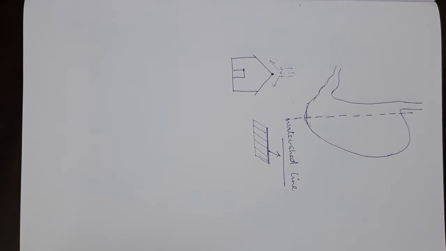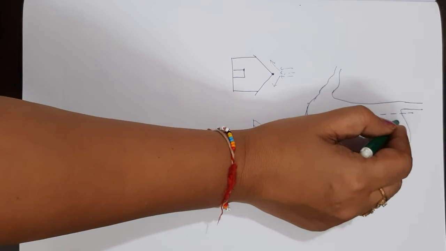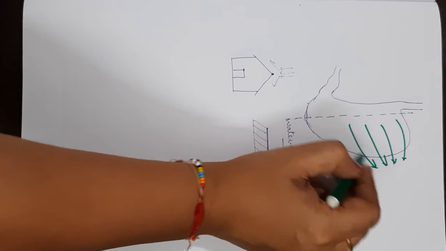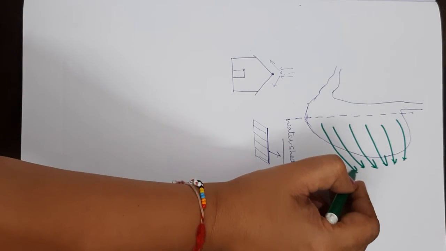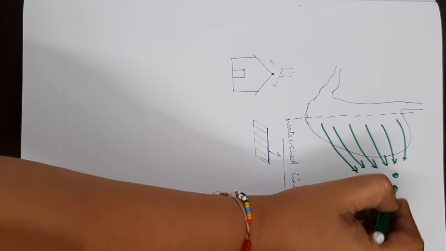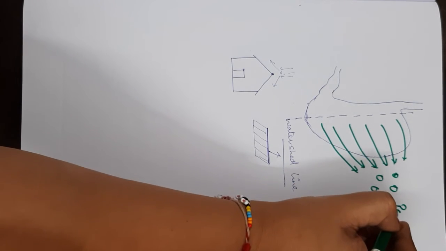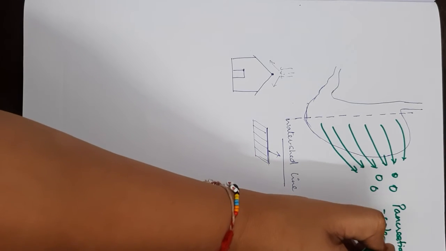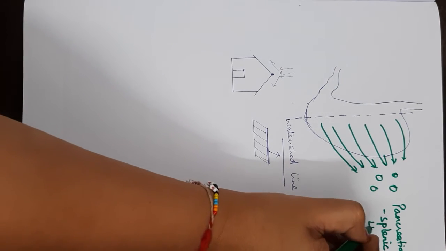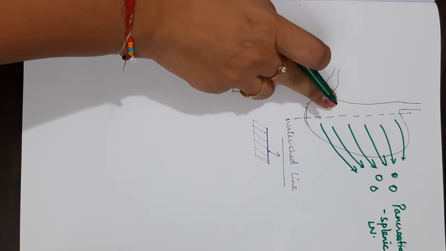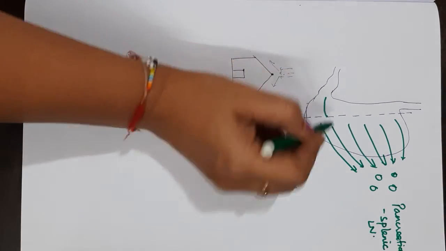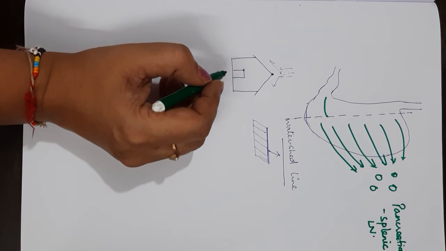Most of the lymphatics from the left side of this watershed line will drain in the group of lymph nodes called the pancreatico-splenic group of lymph nodes. The right side we divide into 2 parts, upper 2/3 and lower 1/3.